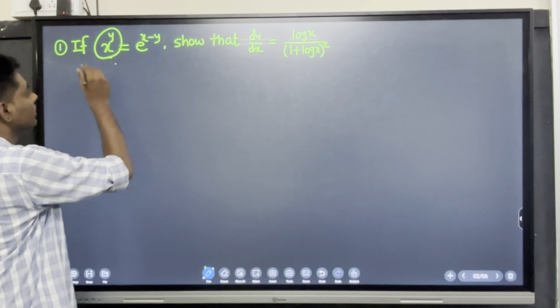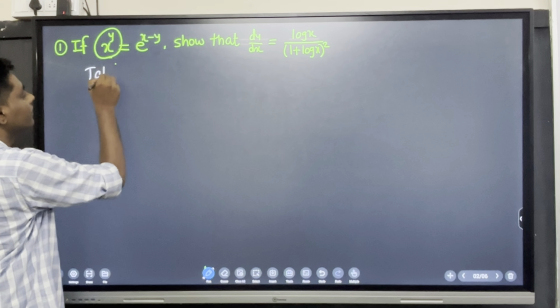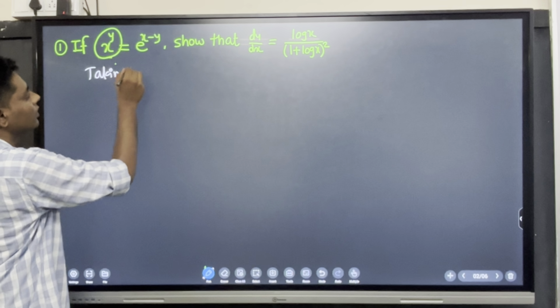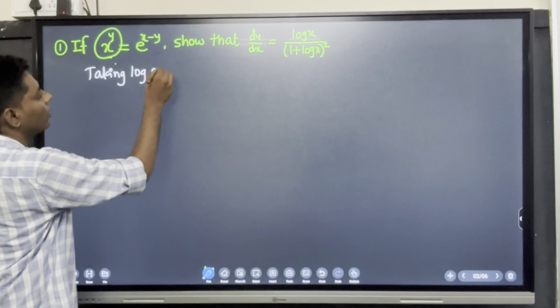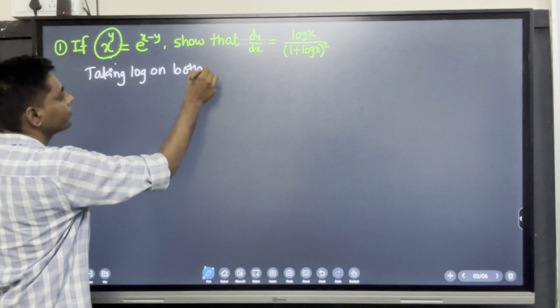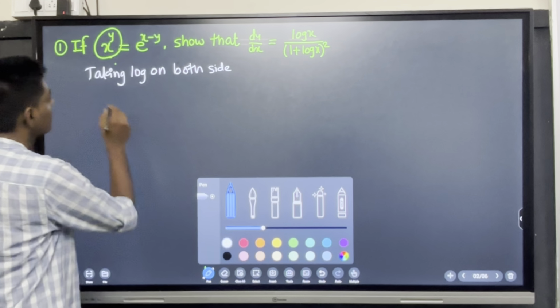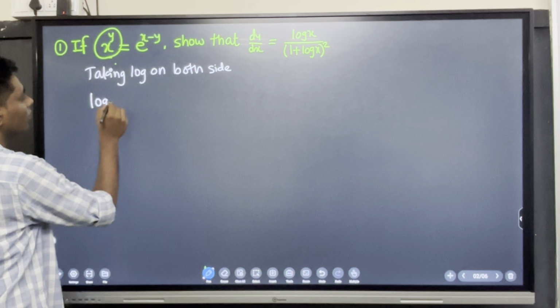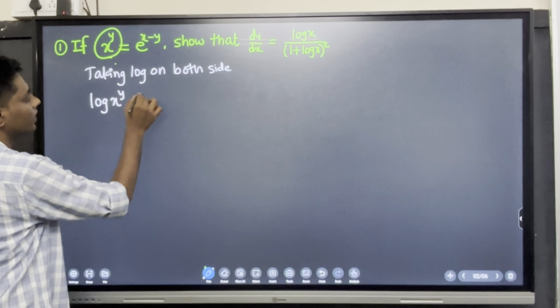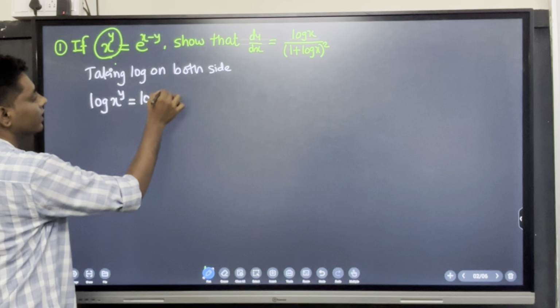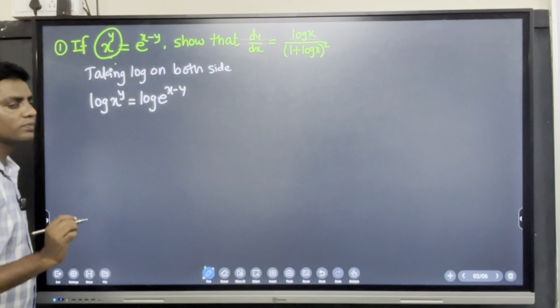सो देअरफॉर टेकिंग लॉग ऑन बोथ साइड, so we take the log of x raised to y equal to log of e raised to x minus y.